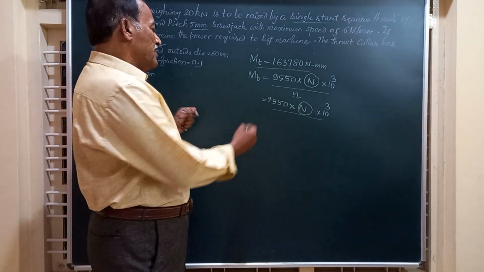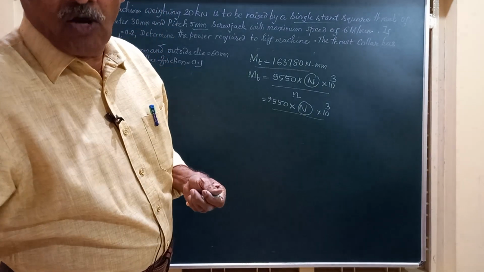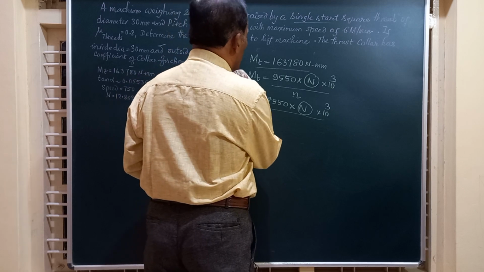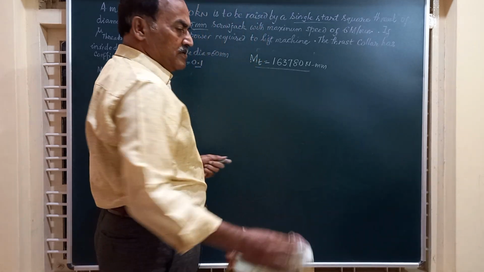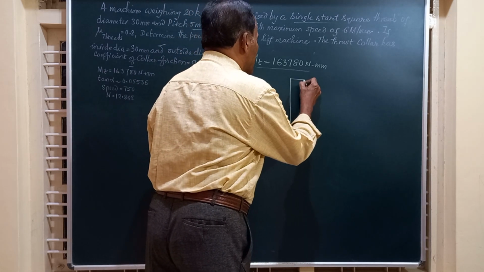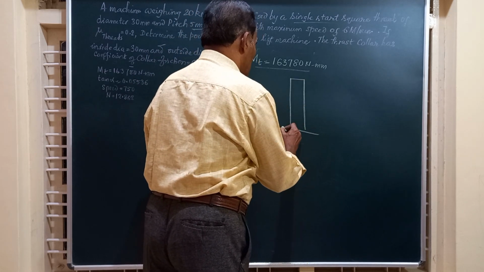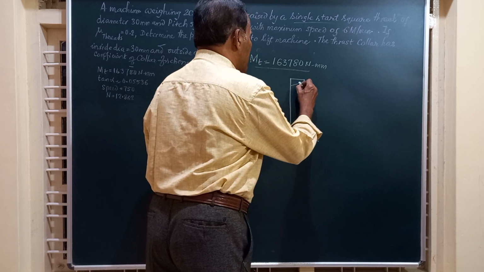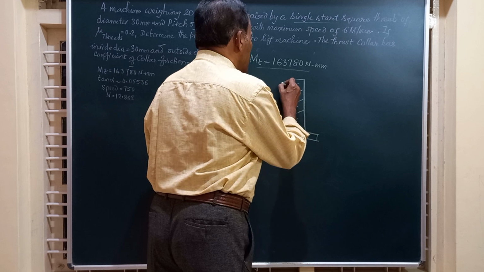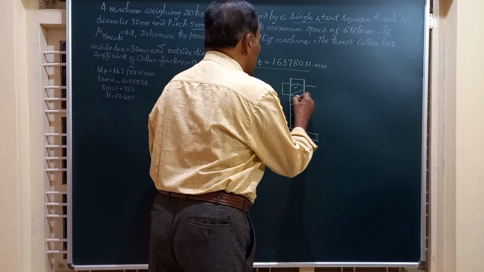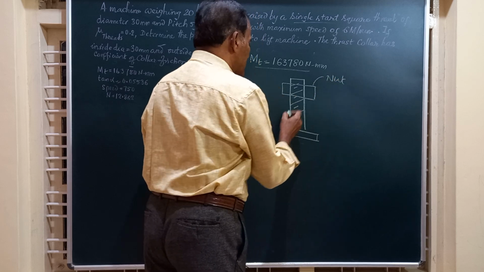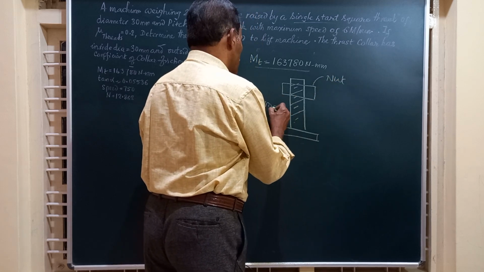So friends, I will write a simple sketch and show you how to obtain the speed at which this nut has to move. Friends, see, you have got a threaded rod here. It is a screw rod having the threads cut on it, that is a square thread. And say you have got a nut, and this vertical rod is a screw rod.